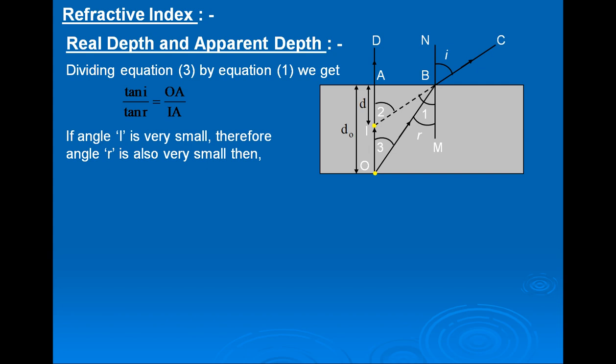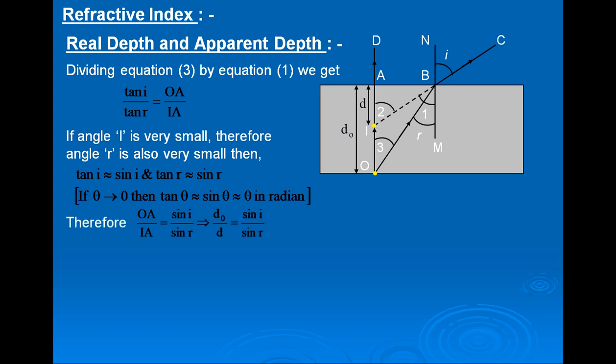If angle I is very small, therefore angle R is also very small, because angle R is less than angle I. Then tan I is nearly equal to sin I, and tan R is nearly equal to sin R, because if theta approaches 0, then tan theta is nearly equal to sin theta, nearly equal to theta in radian.